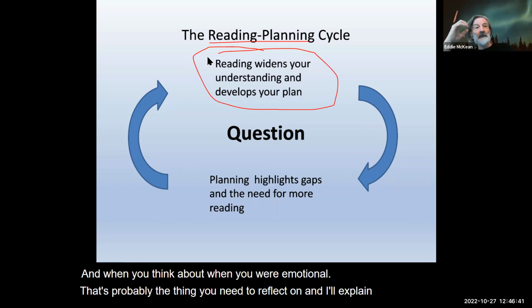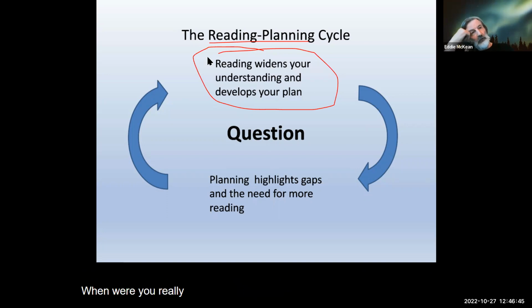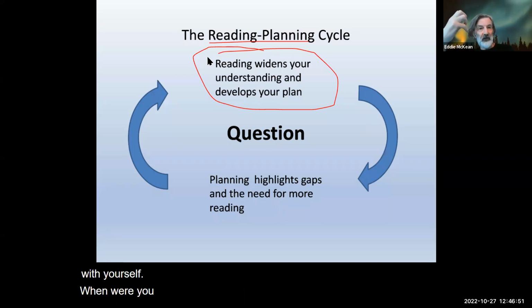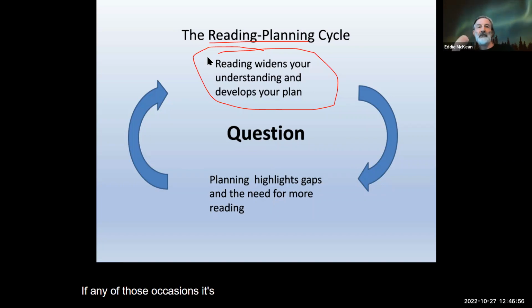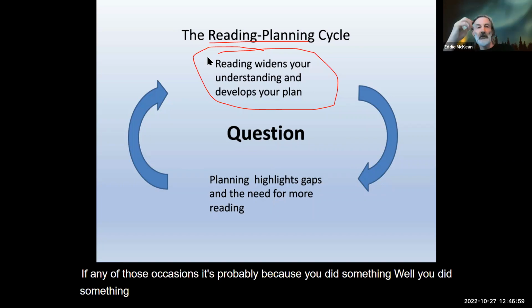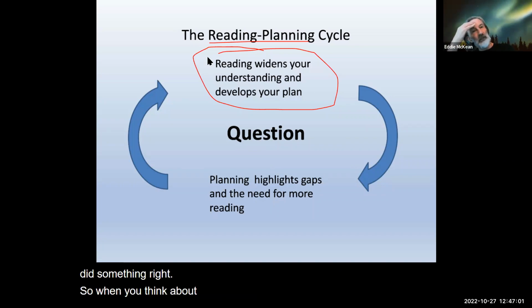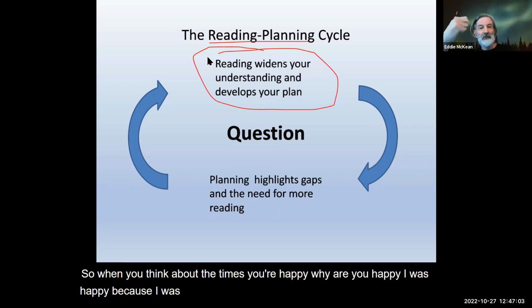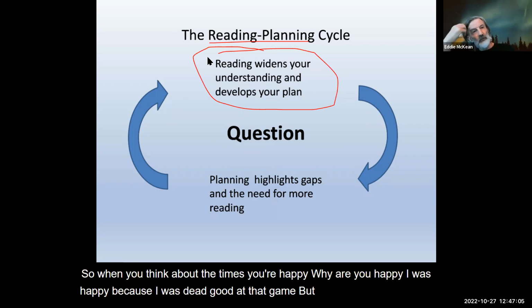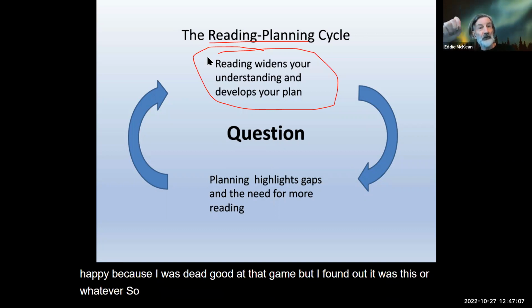When were you really happy in the module? When were you chuffed with yourself? When were you pleased, satisfied? If any of those occasions, it's probably because you did something well or you did something right. So when you think about the times you were happy, why were you happy? I was happy because I was dead good at that game, or I found out I was this or whatever. So you can write, these are positives.